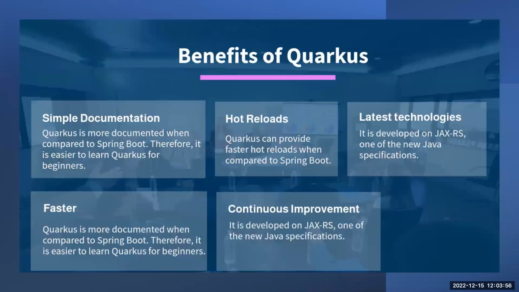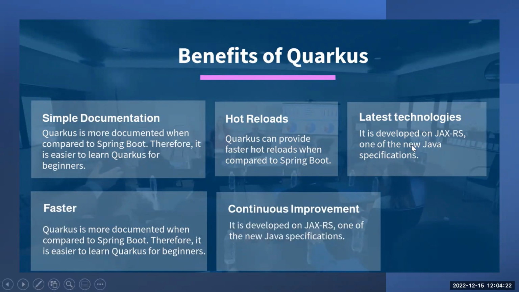Now, a few of the benefits which I could come up with for Quarkus: it has very simple documentation. Anyone who is a beginner in Java can go ahead and follow the Quarkus documentation. Hot reload, which I'm calling live reload, is not available in Spring Boot; it's a specific feature of Quarkus.